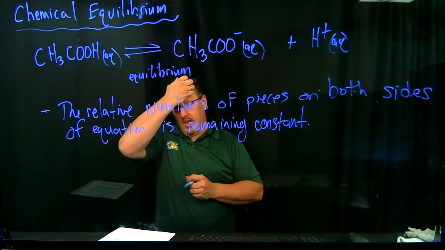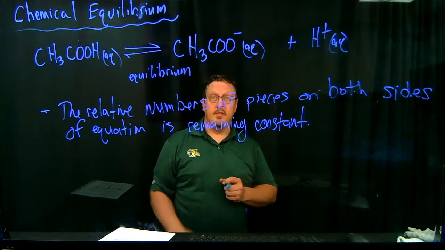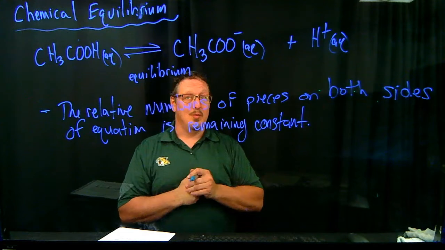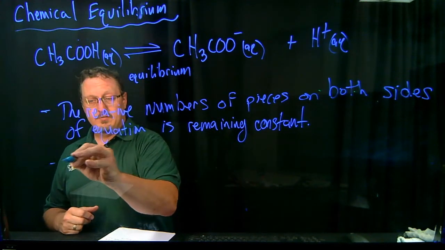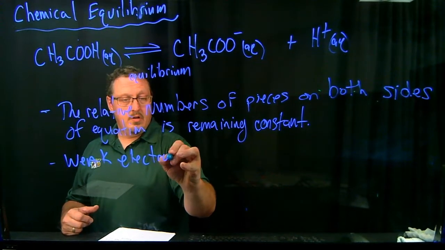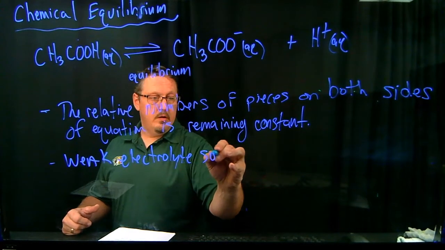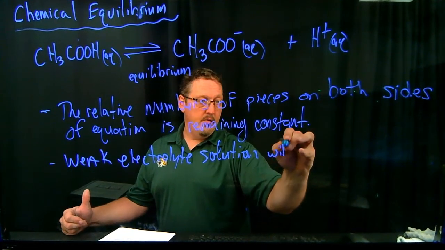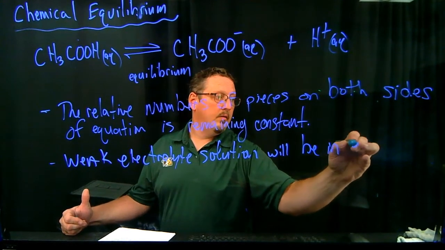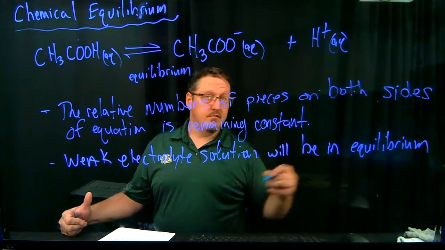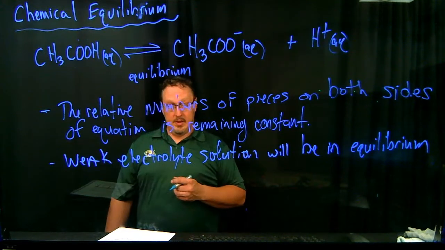Okay, and because of this remaining constant, this is pointing us to a weak electrolyte. So a weak electrolyte solution will be in equilibrium, whereas a strong electrolyte solution will not be in equilibrium.